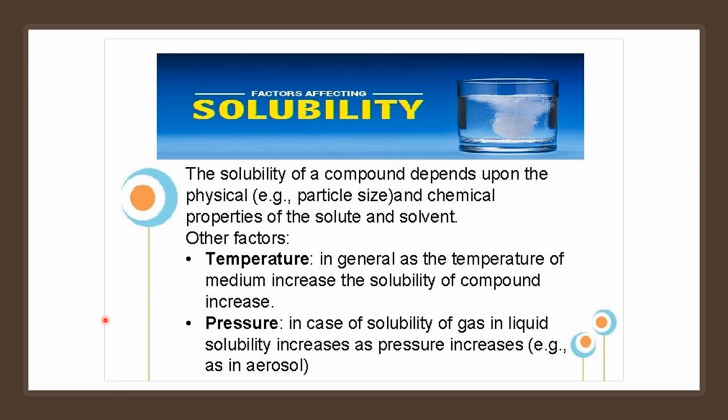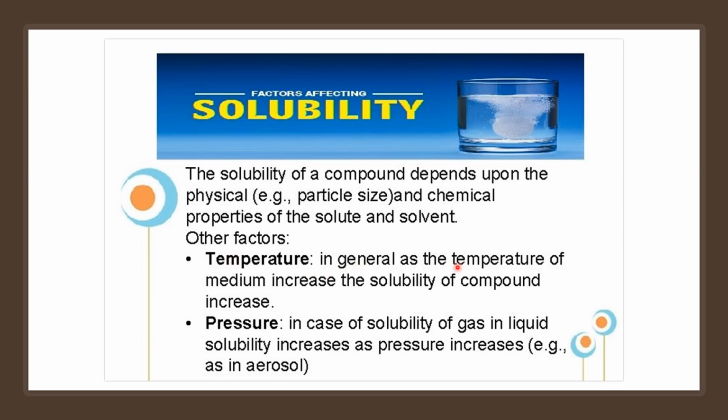There are different factors that will influence the solubility of a compound. The solubility of a compound will depend upon physical factors, for example the particle size, and the chemical properties of the solute and the solvent. Another important factor for solubility is temperature.